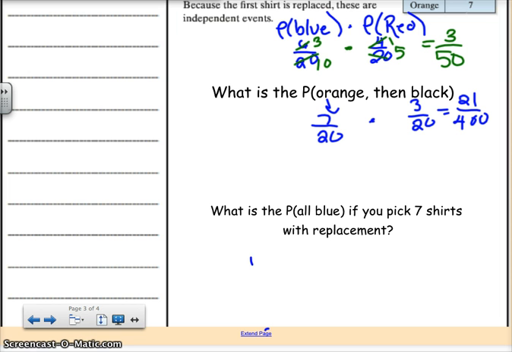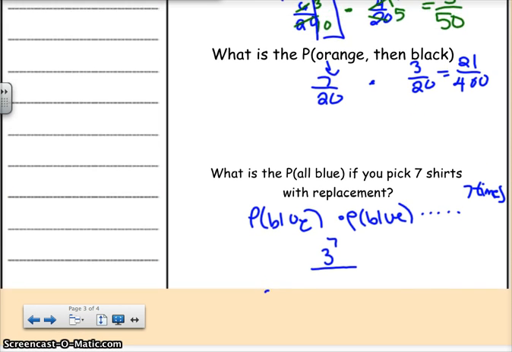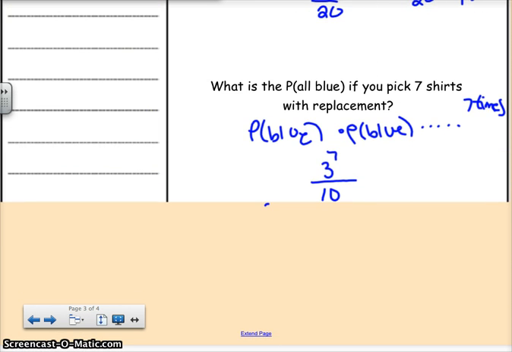What is the probability that they are all going to be blue if we pick 7 shirts? Well, the probability of blue is 3/10. I got that from right here. So the probability of blue times the probability of blue, 7 times. Remember, if you're multiplying the same number, all I really have to do is 3 to the 7th over 10 to the 7th.